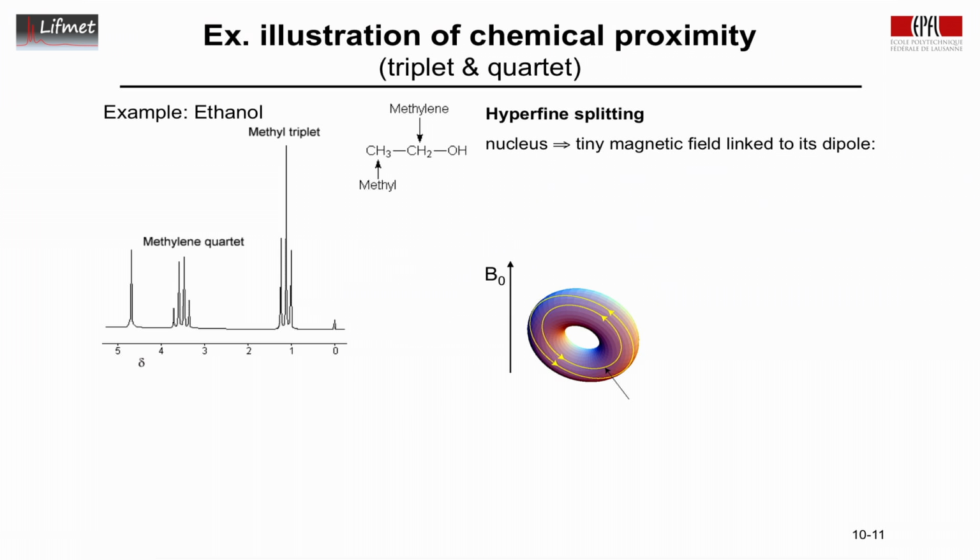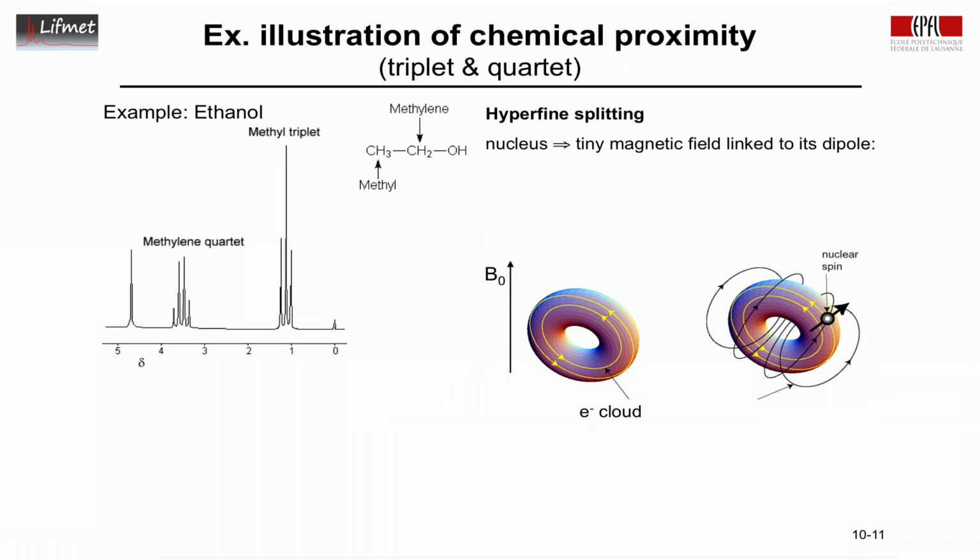So we have B0, we have the electron cloud, and now if we have the same electron cloud but a nearby nuclear spin, then this nuclear spin will produce an extra magnetic field, this magnetic moment, that adds to the magnetic field of B0 and therefore has an effect on the electron cloud.